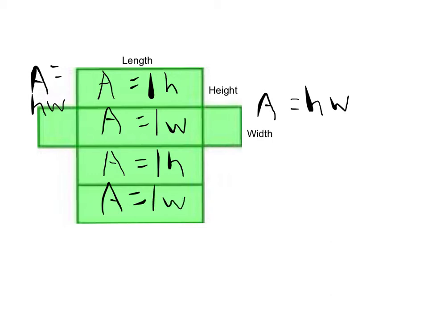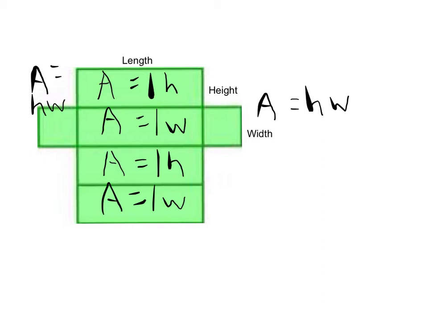So to put that into a formula we can make it a little bit easier. There's 2 rectangles that have length times height as the formula, 2 rectangles that have height times the width as the formula, and 2 that have length times width as our formula.